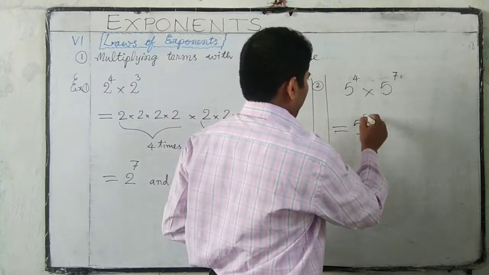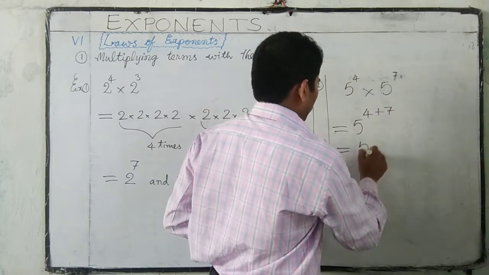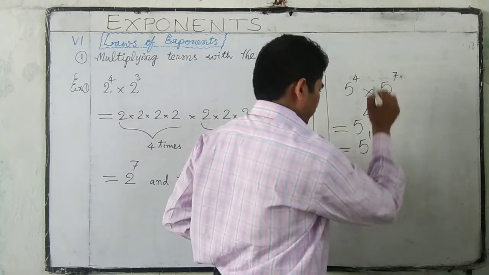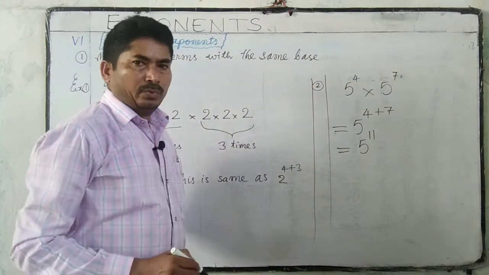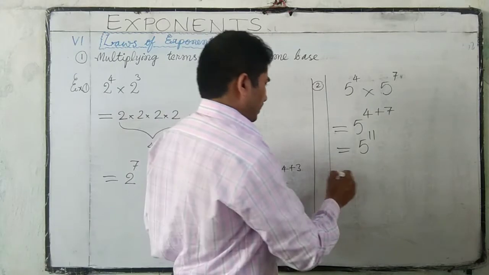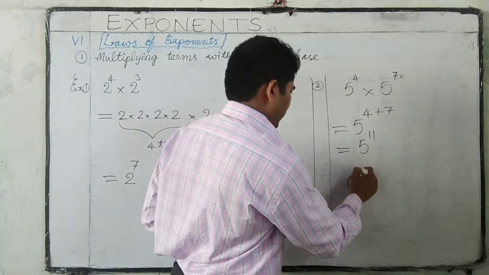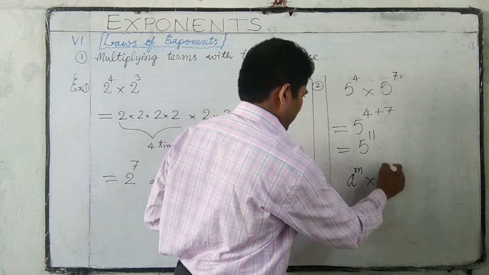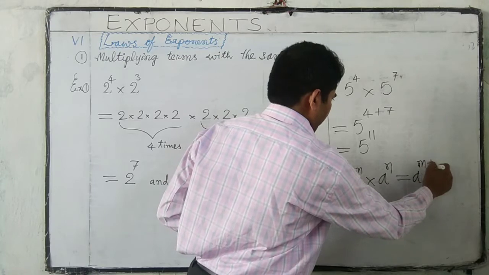So 5 to the power of 4 plus 7 is equal to 5 to the power of 11. By observing these two examples, we can write a formula: a to the power of m into a to the power of n is equal to a to the power of m plus n.